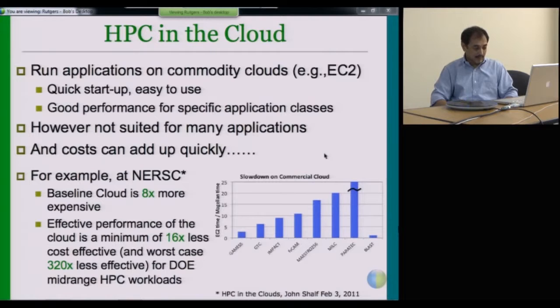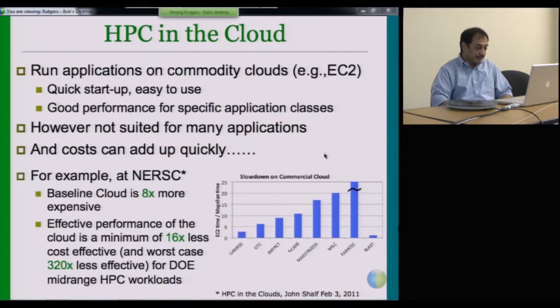And many reports point out that even though the cost per CPU hour tends to look quite reasonable, these costs can add up very quickly because of the scale of the science as well as the experimentation process that goes with a lot of these applications, right?